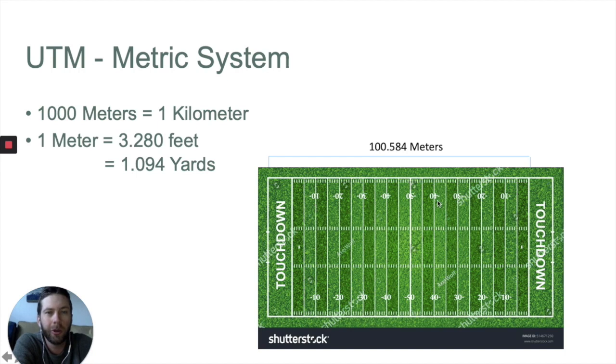So one football field plus one end zone, not both end zones, just one end zone, is approximately 100 meters. Okay, so it's actually about 100.5 meters. But I just round down, and I remember that one football field plus one end zone is about 100 meters. So when I'm in the field navigating, that's what I try to remember because I have a pretty good idea of what a football field looks like in distance.